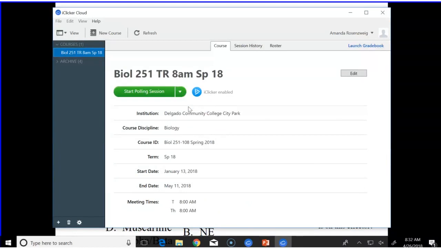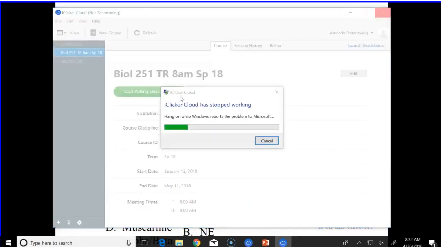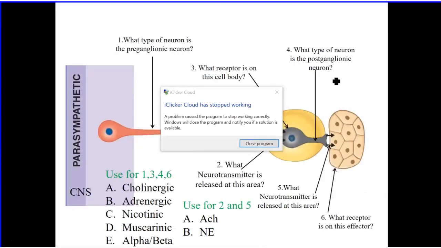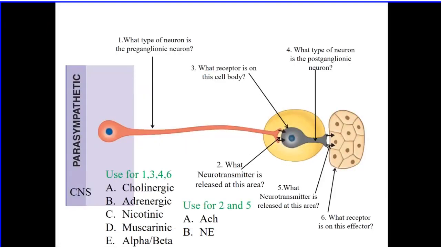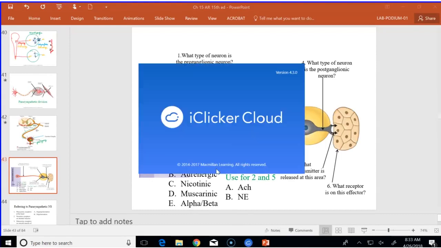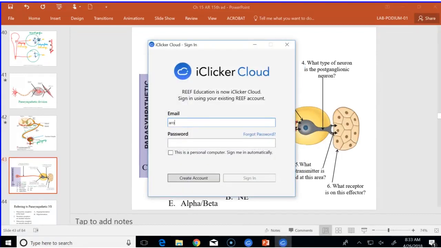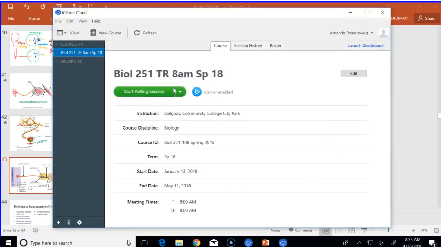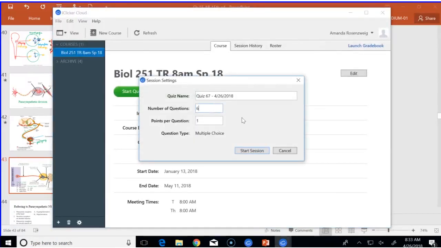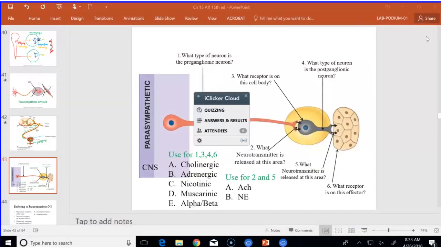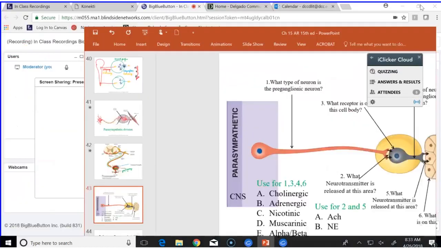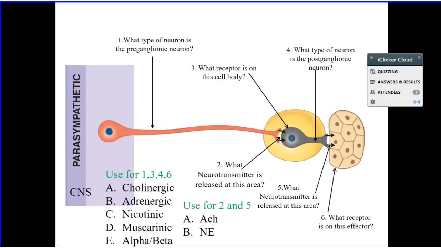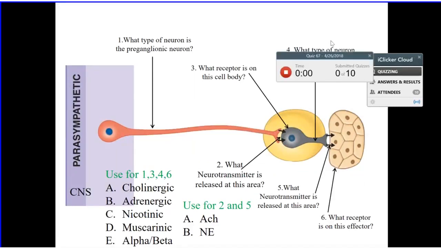Give it a second. Okay, now y'all should be able to go. Sorry about that.